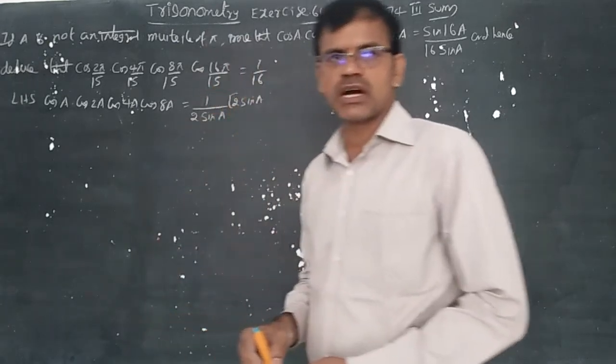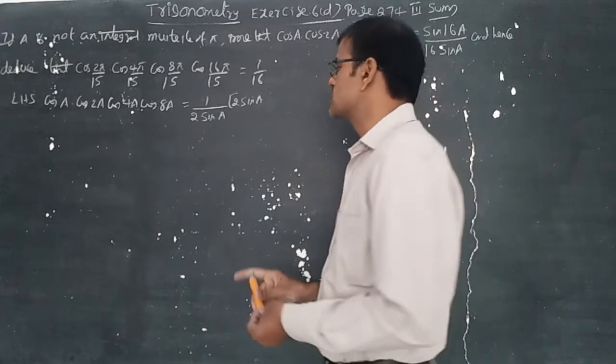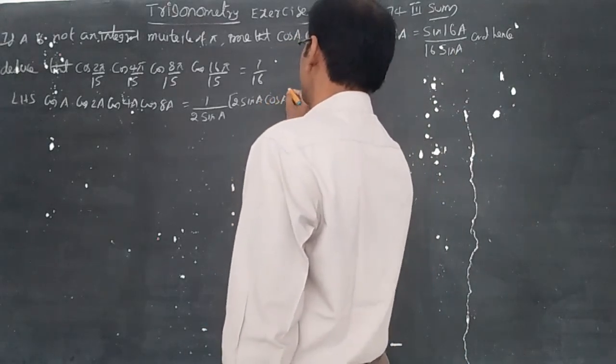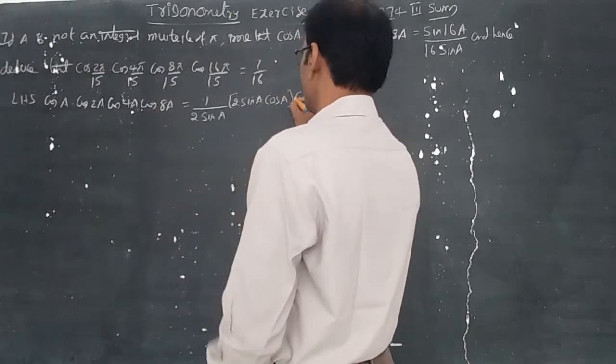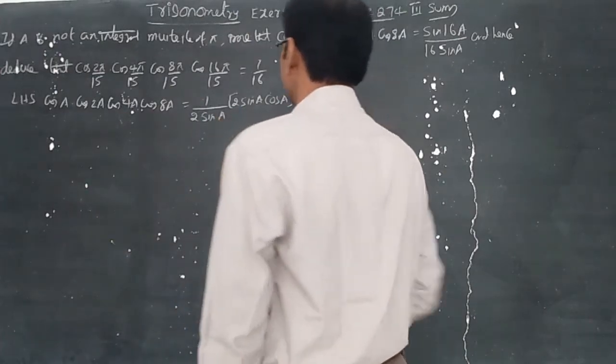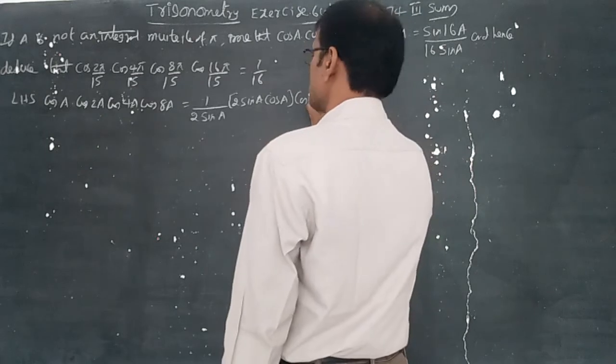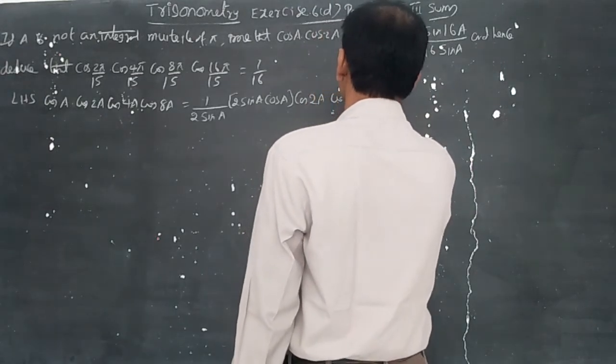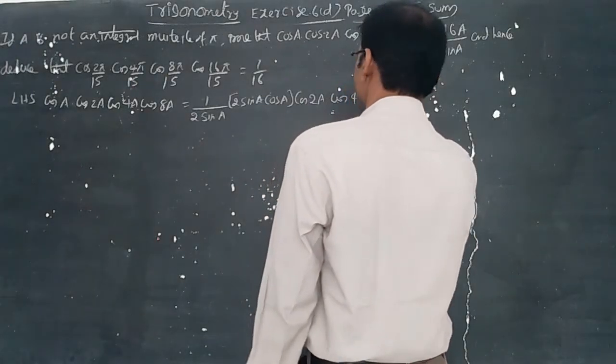Why? Because 2 sin A cos A formula is sin 2A. Depends upon the formula, we can do this one. Write this in a bracket, just multiply and divide with 2 sin A. 2 sin A cos A into cos 2A and cos 4A into cos 8A.